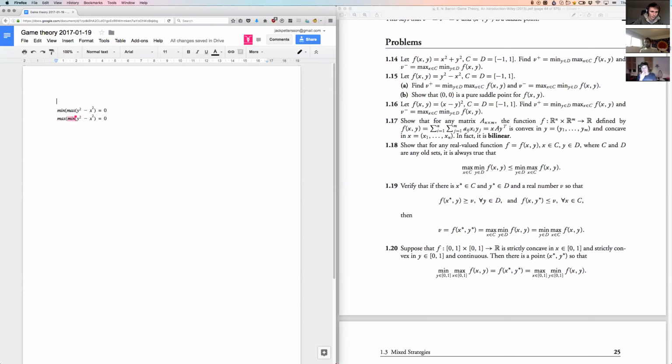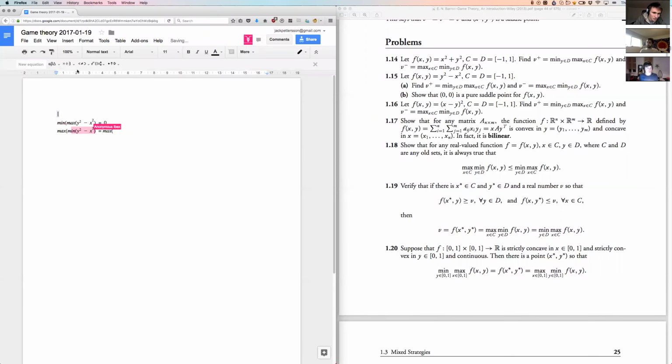Yeah. And to do that, we can say that it is max of, and so first we need to minimize y squared minus x squared with regards to y. To minimize that, we would technically do the derivative and second derivative.